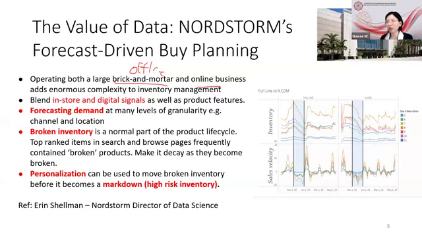Okay, so what they talk about in their report is the broken inventory. What is broken inventory? Broken inventory is where, in the normal product life cycle, some sizes sell better than other sizes. For example, shoes, right?